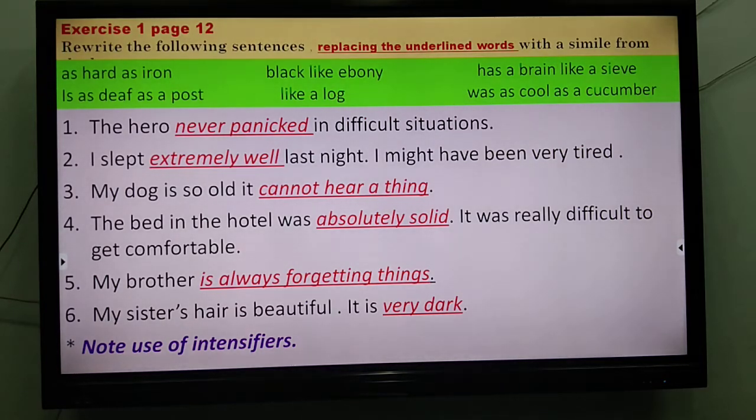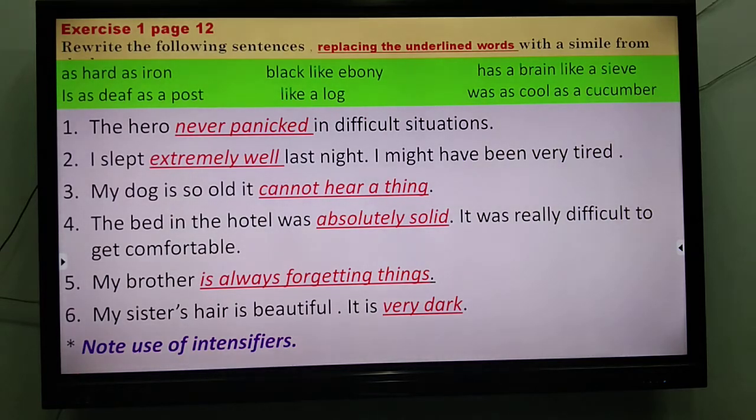In the same way, I slept extremely well last night. I might have been very tired. Now, if we remember the list that we had in the previous lecture, instead of very tired, we can write, I might have been exhausted. So like this, when we use intensifiers, we can make our writing really good.